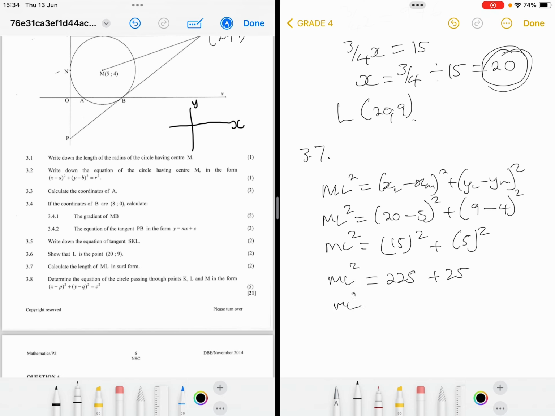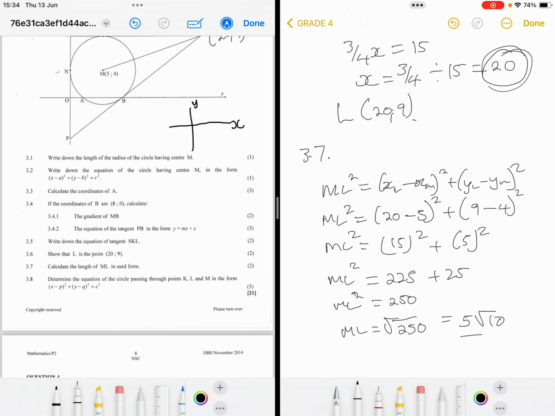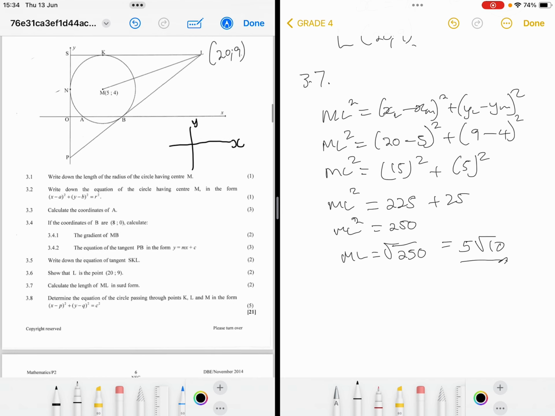So ML squared will be 250, so ML will be the root of 250, which will give us 5 root 10. They said surd form, so leave it in surd form, which is 5 root 10. So 2 marks. Possibly they won't just ask you the distance there. There is something that they need maybe in the next question.